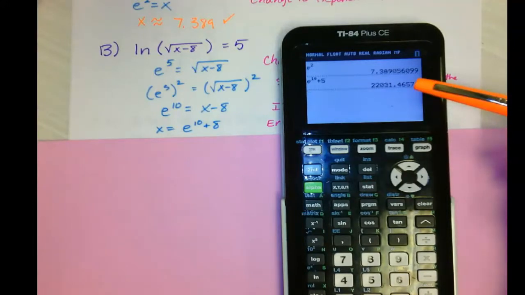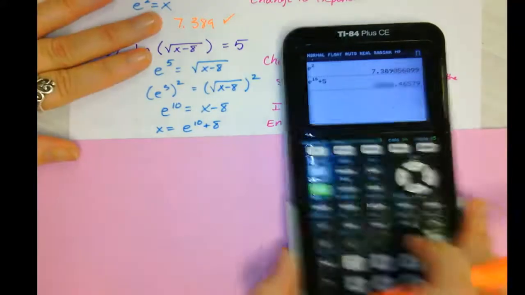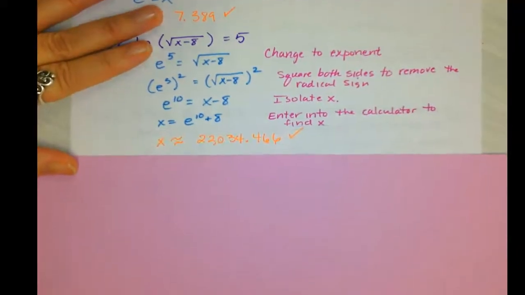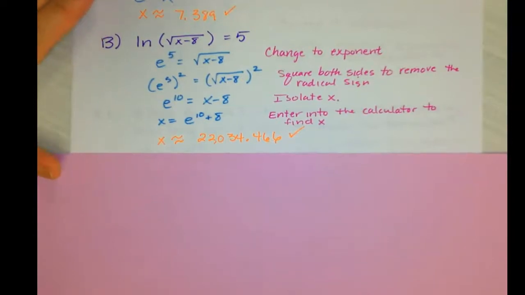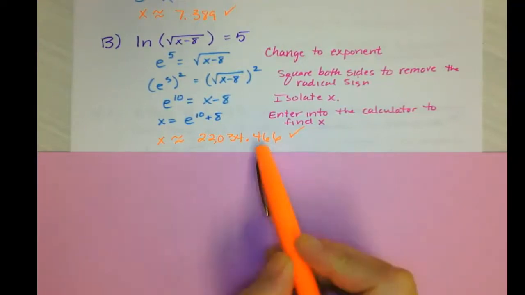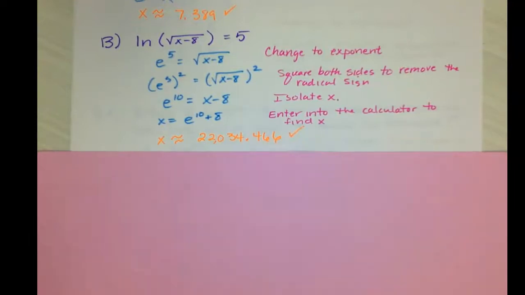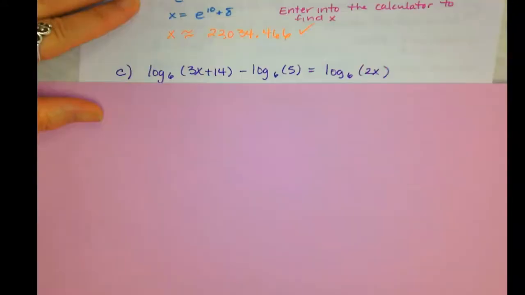Notice there's a 7 after the 5, so that's going to round my 6 up, and I'm going to find that it's approximately 22,034.466. I could read that properly if I was paying attention: 22,034 and 466 thousandths. All right, great. Let's move on to the next one.